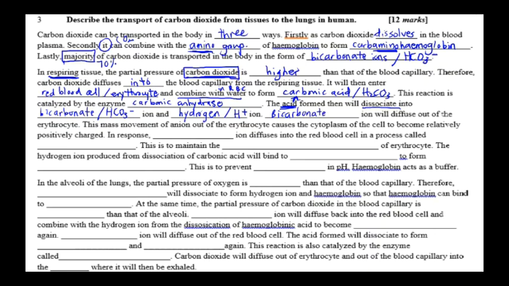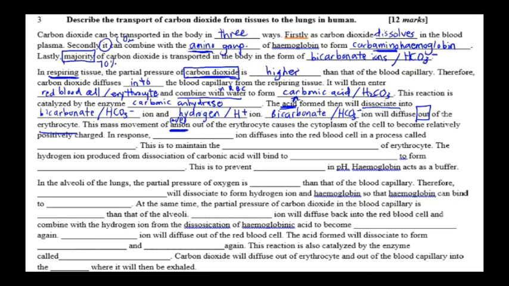The bicarbonate ion HCO3 minus will diffuse out of the red blood cell. This mass movement of anion, meaning the negative charge ions, out of the red blood cell causes the cytoplasm of the cell to become relatively positively charged.